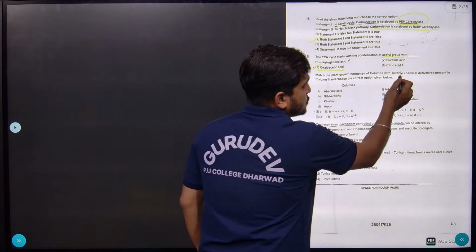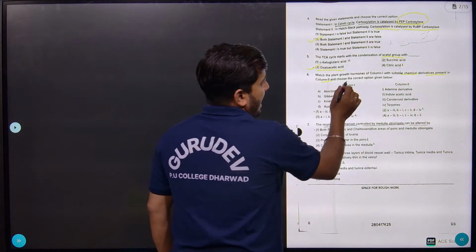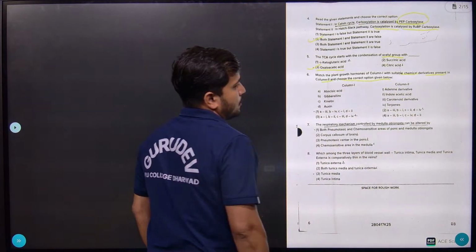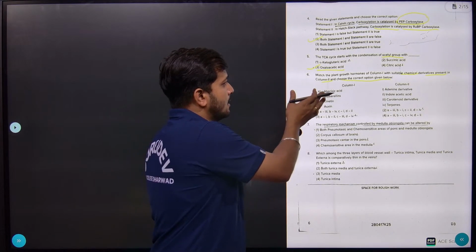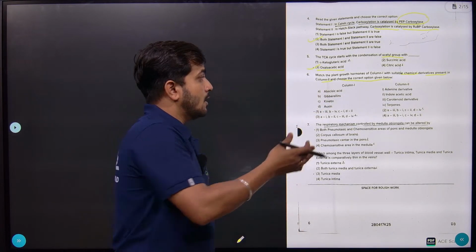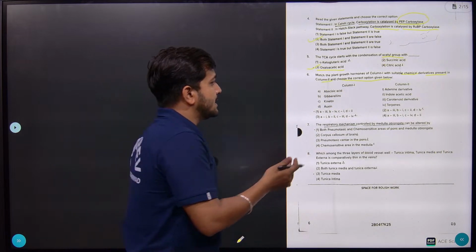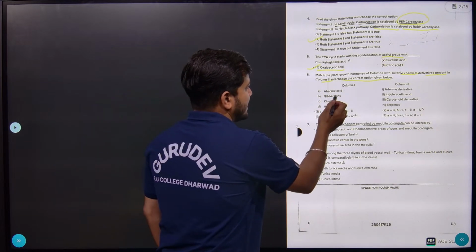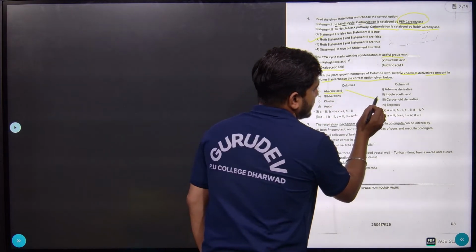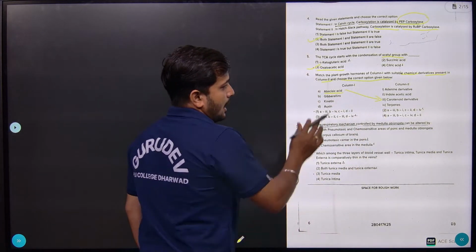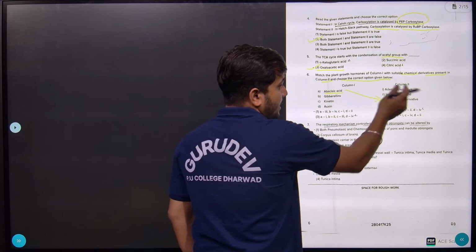Then the next question, the sixth question, is to match the plant growth hormone in column 1 with the suitable chemical derivative in column 2, and choose the correct option given below. We have to find out which derivative these hormones come from. Abscisic acid is a carotenoid derivative.